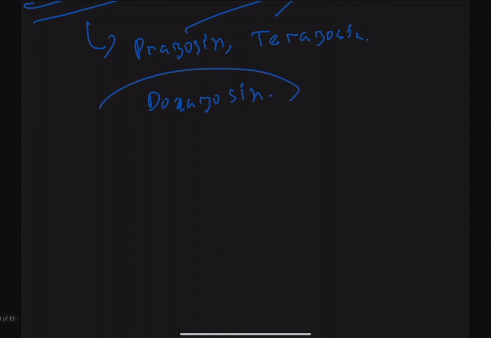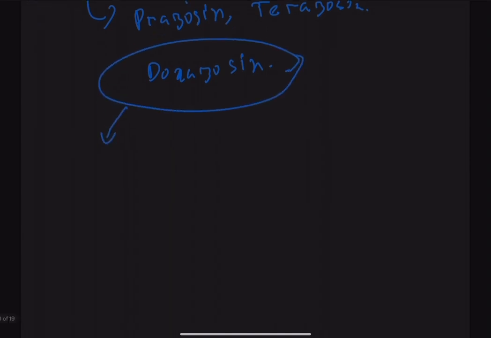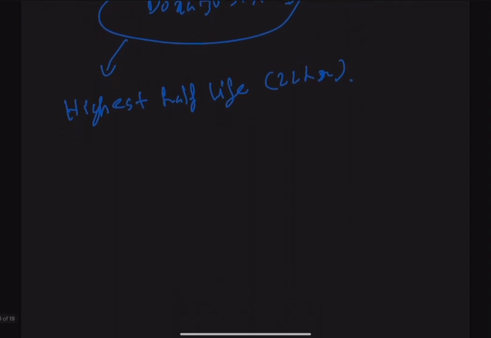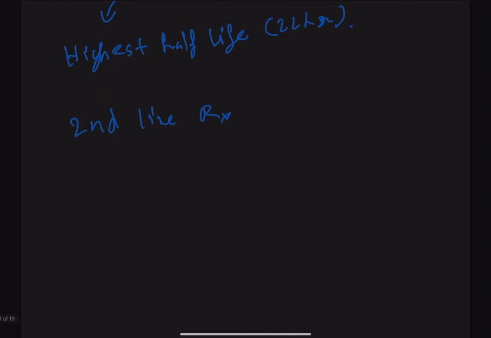And here, doxazosin has the highest half-life, about 22 hours. Okay. Alpha adrenergic antagonists are the second line treatment for hypertension because we have better drugs for hypertension as the first line treatment.